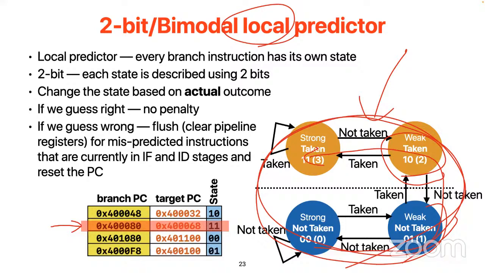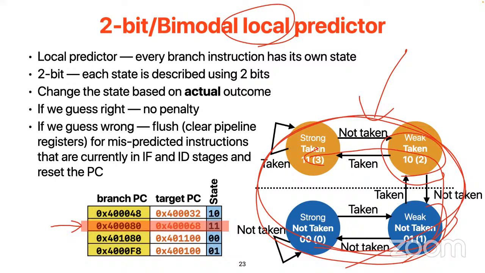When it's larger than or equal to 2, we predict taken, and if it's smaller, then not taken. Whenever we see a taken, we increment it. Saturated means that if it reaches the maximum, we are not going to increment it anymore. And the same thing, if we see a not taken, we decrement it.